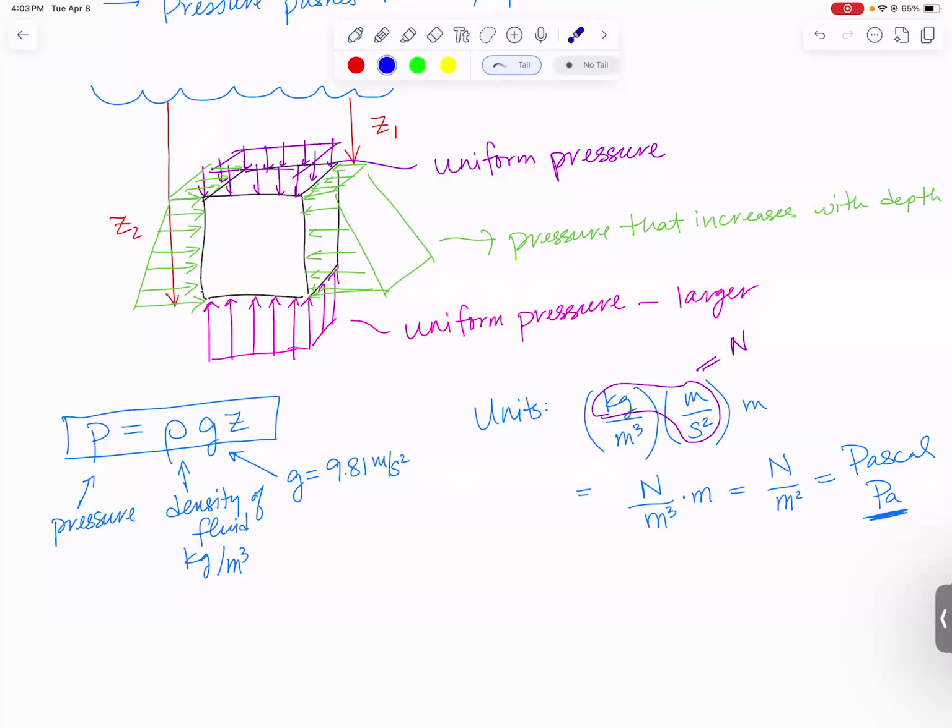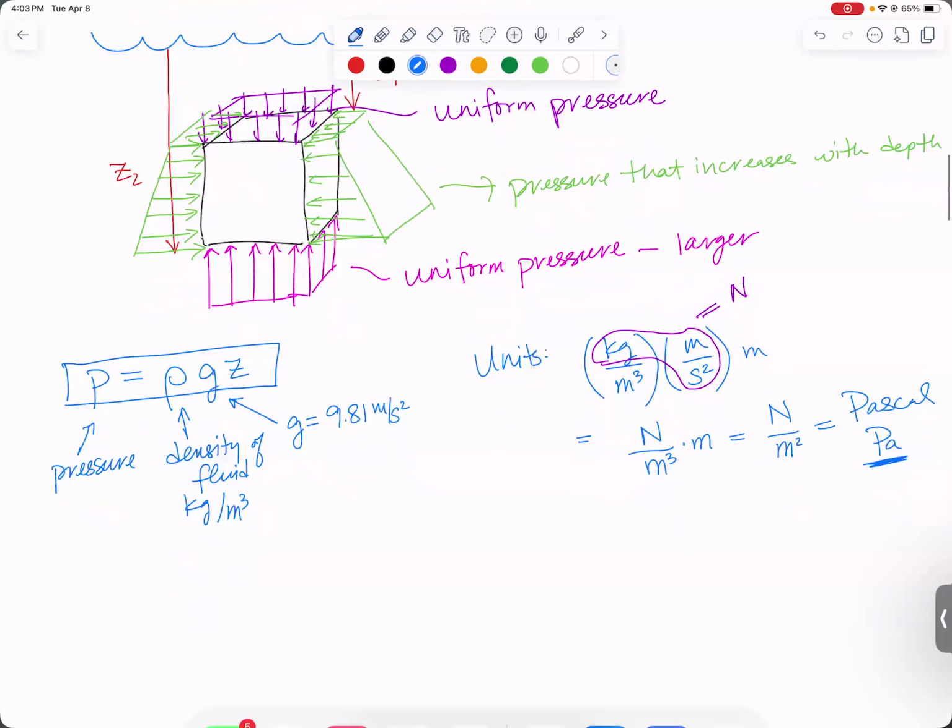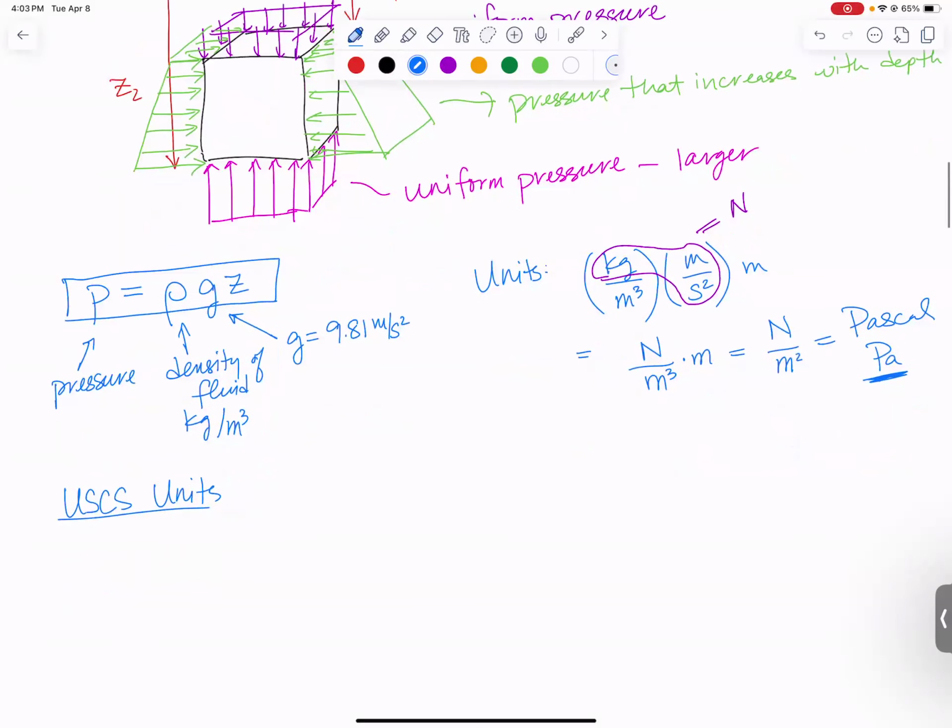I actually want you to think of the equation slightly differently when we're dealing with English or US customary system of units. Here's how it's going to be different. Typically with US customary system, we are not provided with density. Instead, even if you go and look up on the internet, what's the density of steel in English units, it might call it density, but what it's really giving you is something called specific weight.